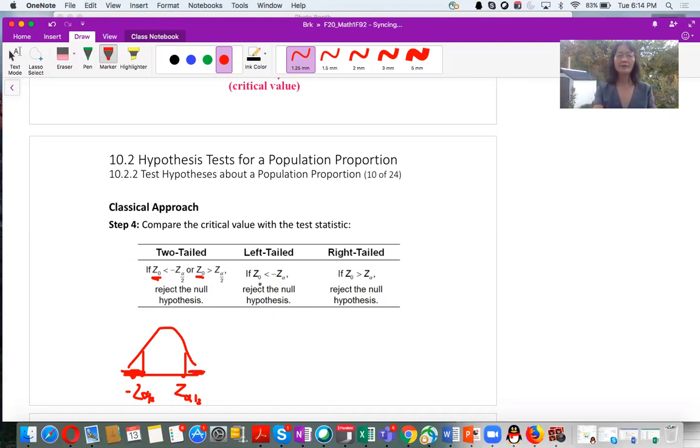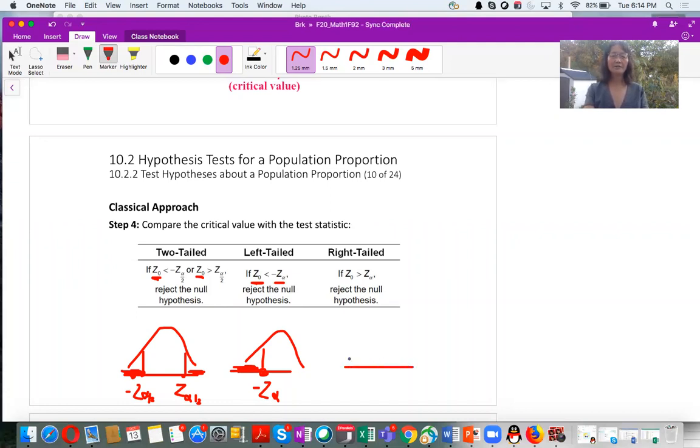Similarly, when you have a left-tail test, if your test statistic z0 is smaller than negative z alpha, you reject. So in the graph, this point is negative z subscript alpha. If your test statistic is smaller than this one, meaning you are here, you reject.